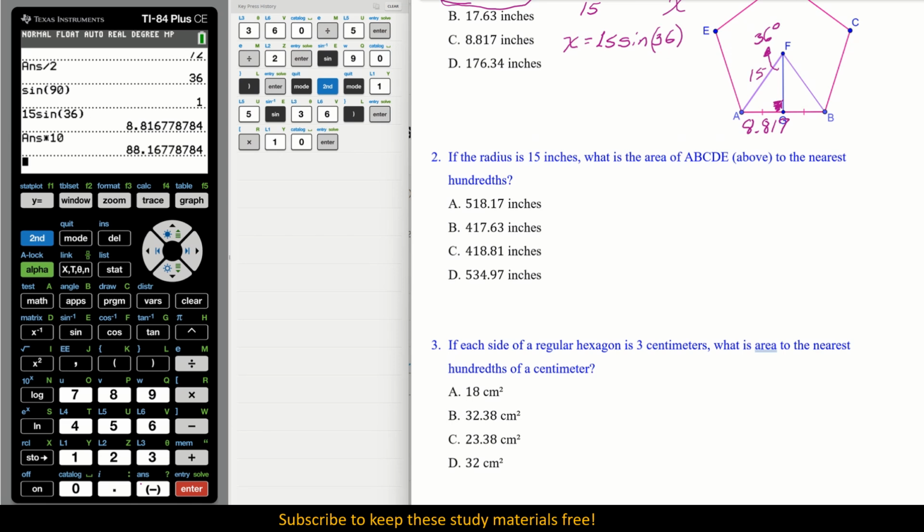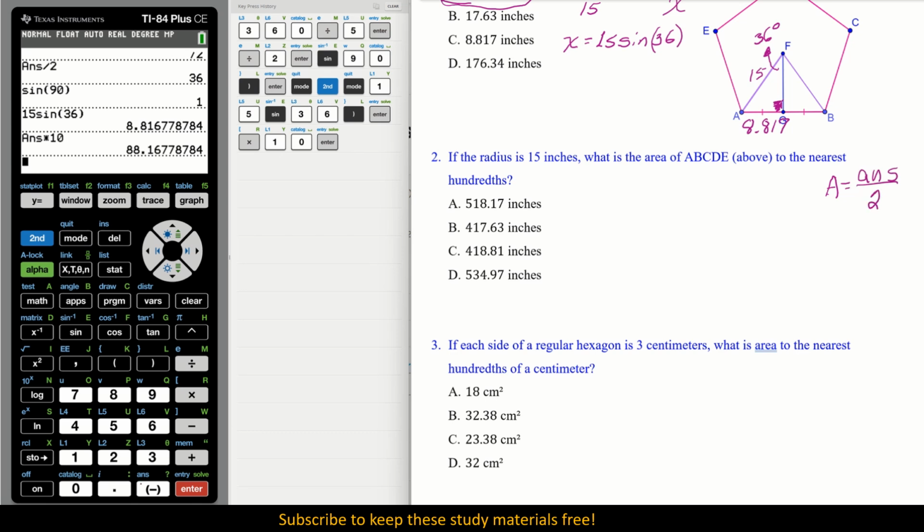So if the radius is 15 inches, what is the area of A, B, C, D, E above to the nearest hundredth? Okay, so we know that area is A equals apothem times number of sides times length of side, divided by 2.